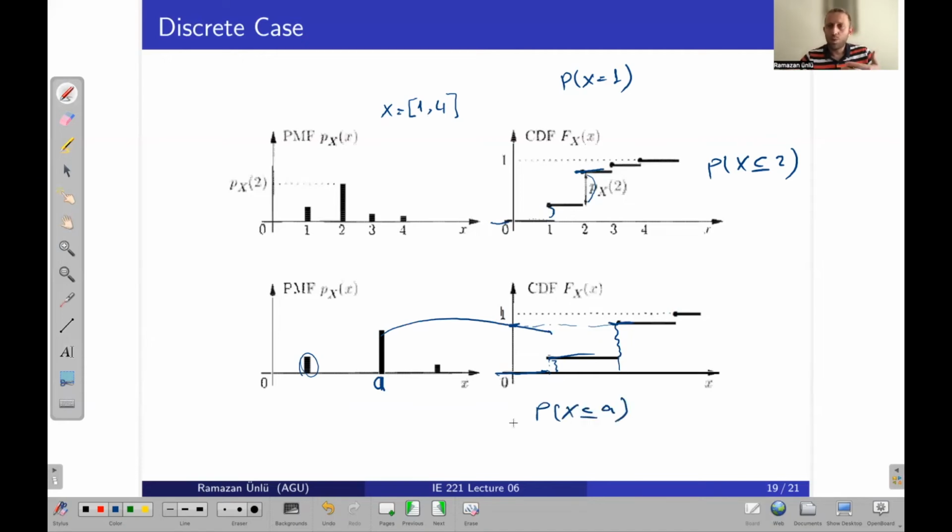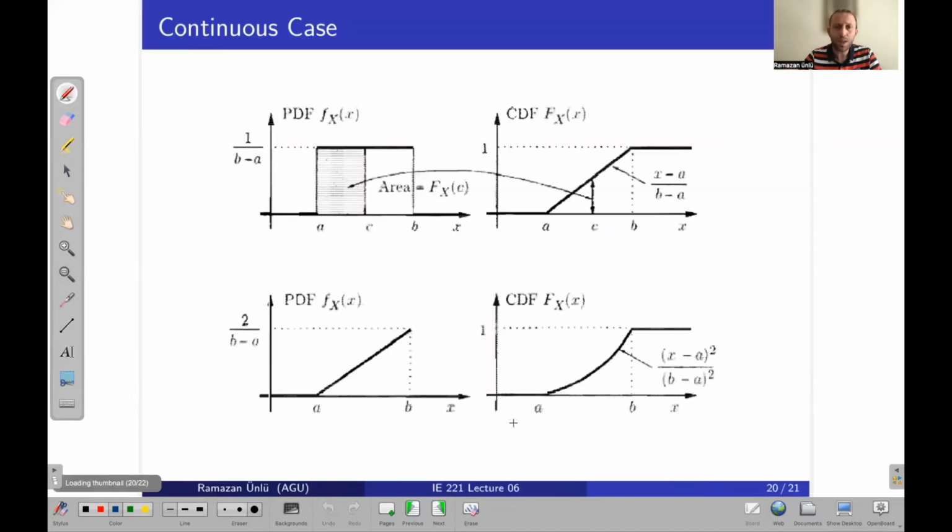Okay, so that was the relationship between the PMF and the CDF. Now let's look at the relationship between the PDF and the CDF in the case of continuous random variables. Let's say this is the PDF of a random variable x, and the range of that random variable is between A and B. Let's say we have a point C, okay?